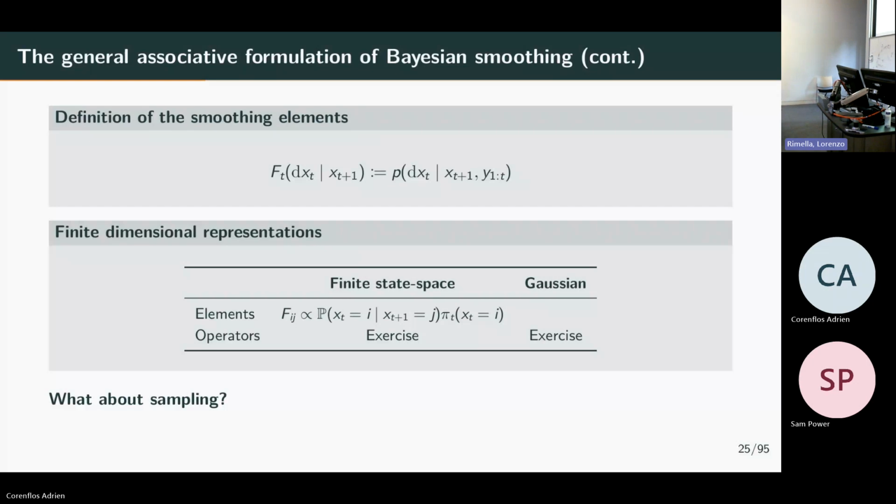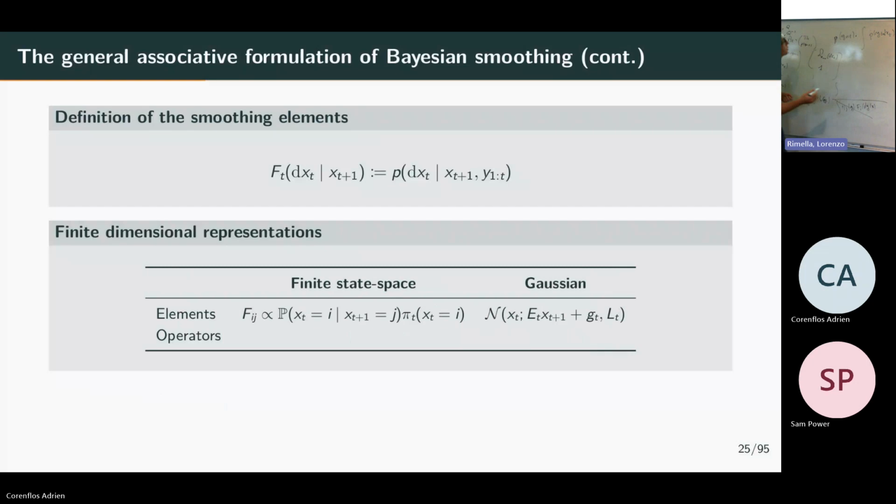The reason being that if my Gaussian backward kernel is given by something like this, x_t = G_t x_{t+1} + L_t times some standard Gaussian, then the only thing I need to do to be able to do sampling is to pre-sample those Gaussians.